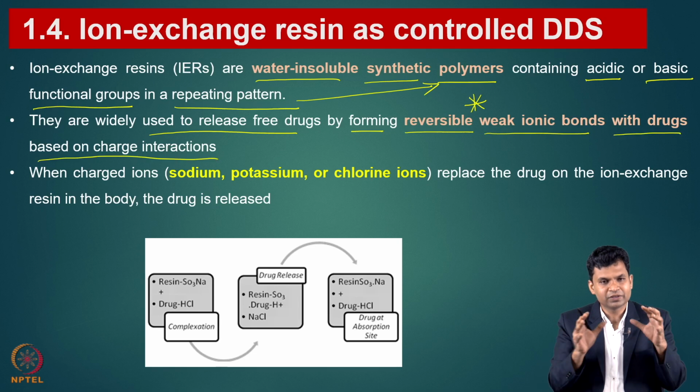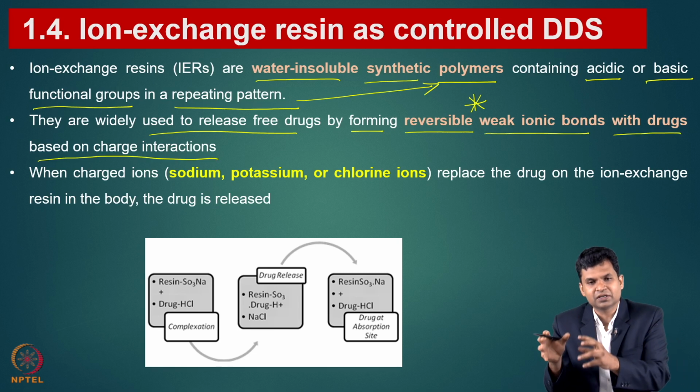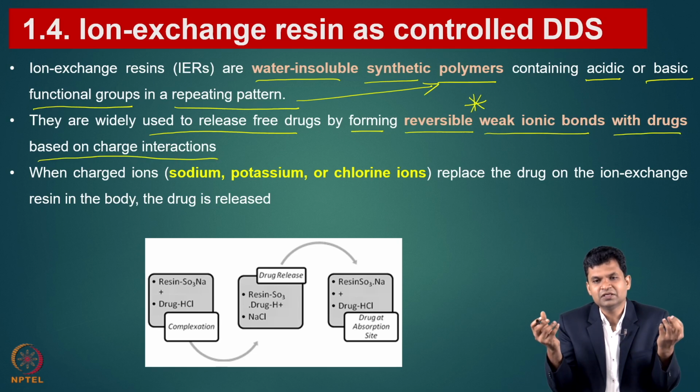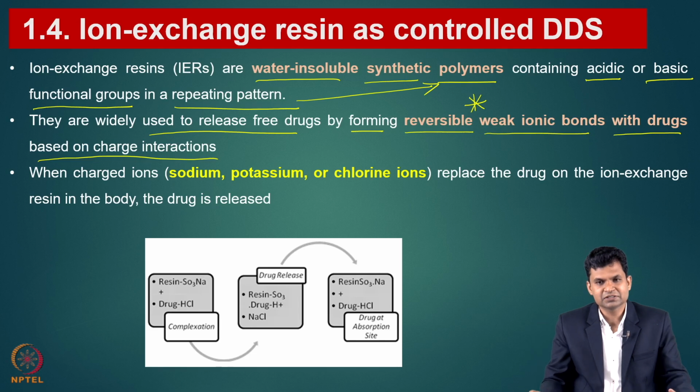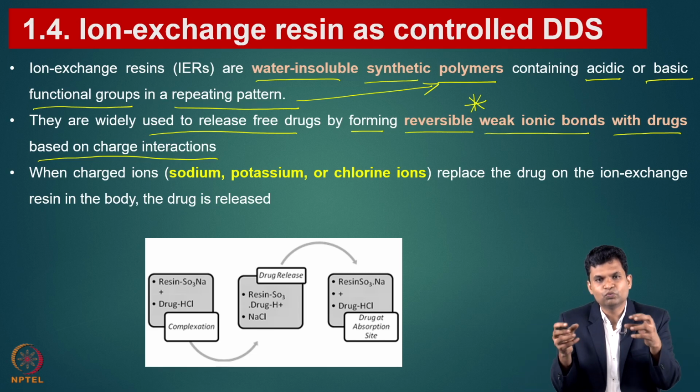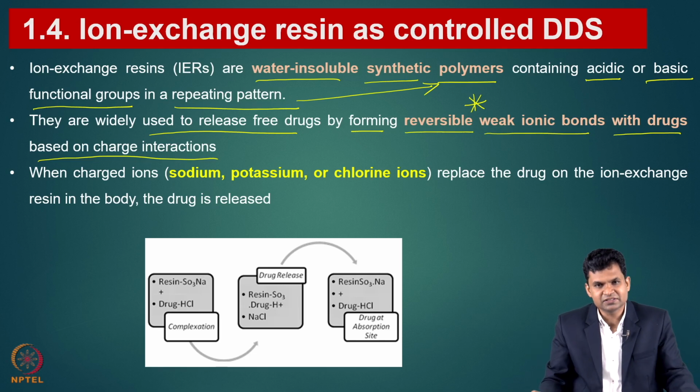So, now your resin as well as your drug should have ionic properties, so that these two can interact and we can make a complex, and we give it as an ion exchange resin as a controlled drug delivery system.